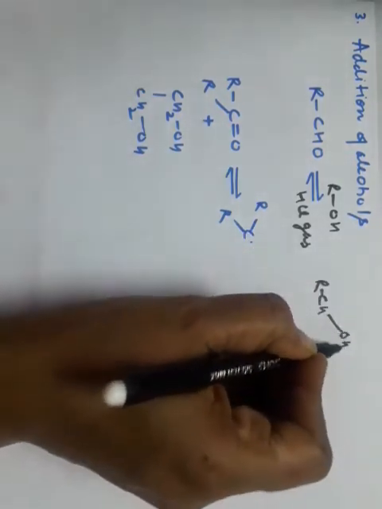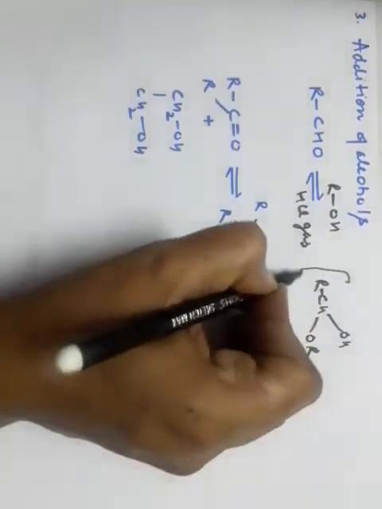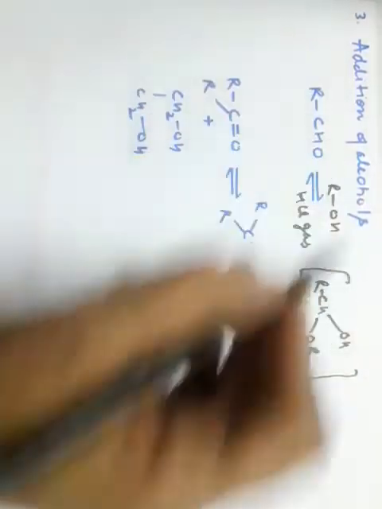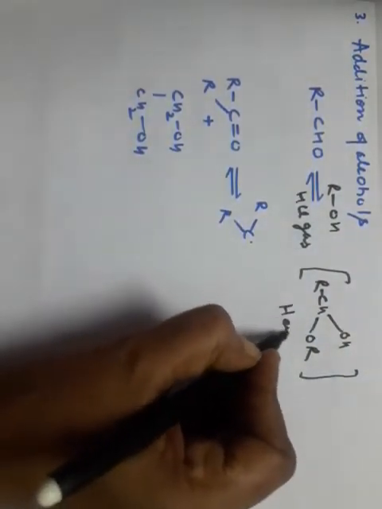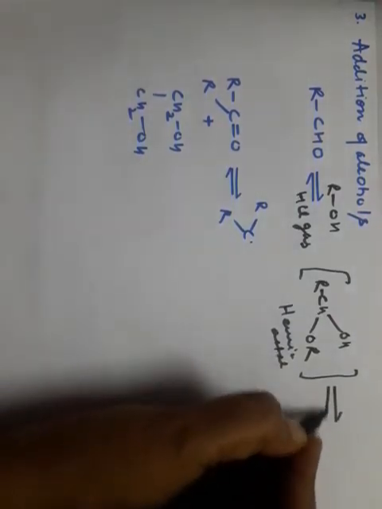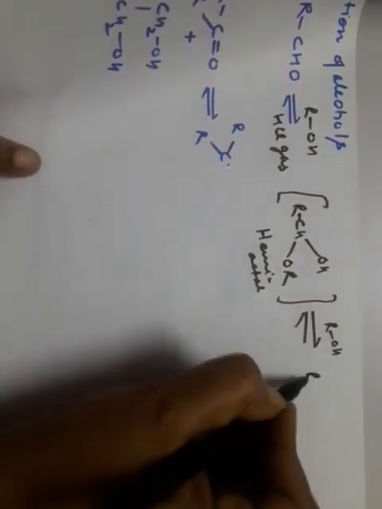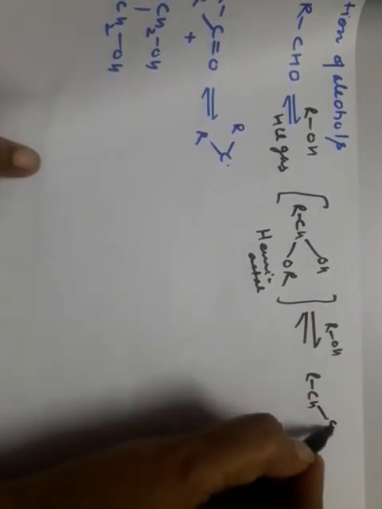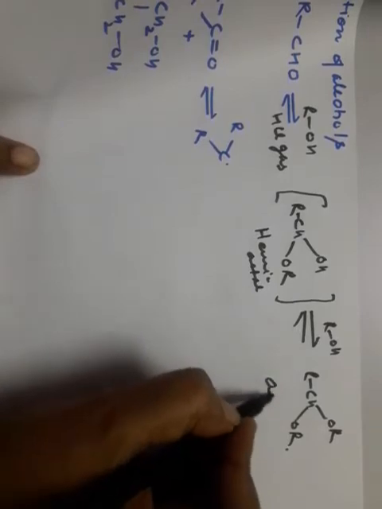When a 1:1 ratio of these compounds react, the product is called hemiacetal. And on further reaction with alcohol, dehydration takes place and the compound formed is called acetal.